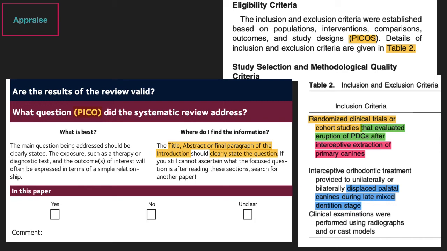Evaluate eruption of the canines after interceptive extraction of the primary canine: this is the outcome, and extraction of the primary canine is the intervention. And they wrote here, displaced palatal canine during the late mixed dentition stage. Late mixed dentition stage means age 10 to 12 or 13.